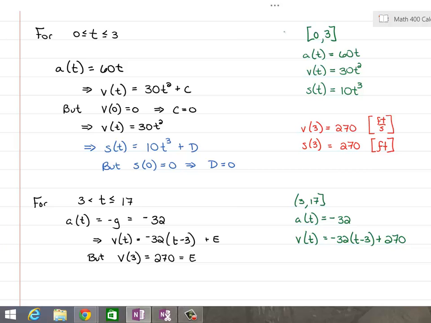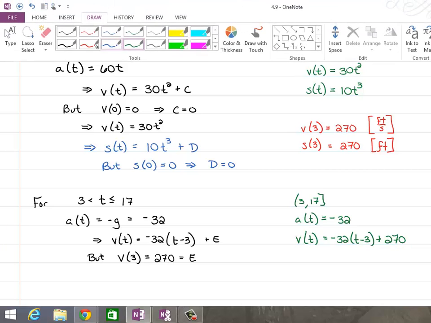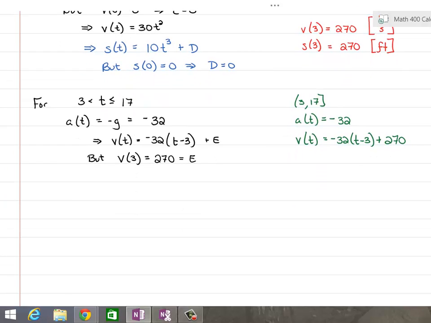Okay, and now I'll continue on to get the position function. The position function is the antiderivative of the velocity, so let me take the antiderivative of the velocity. Remember, it's going to be this object here squared divided by 2.